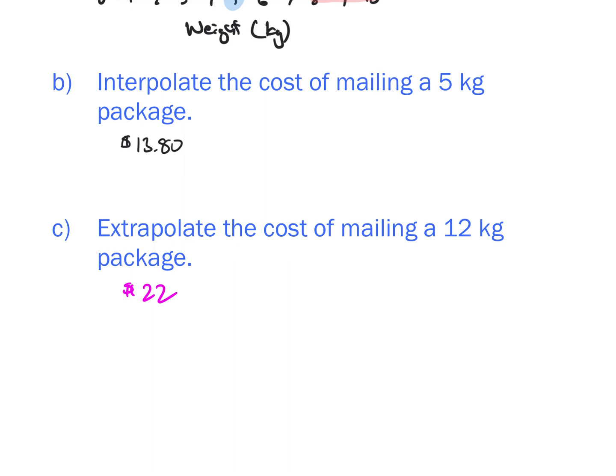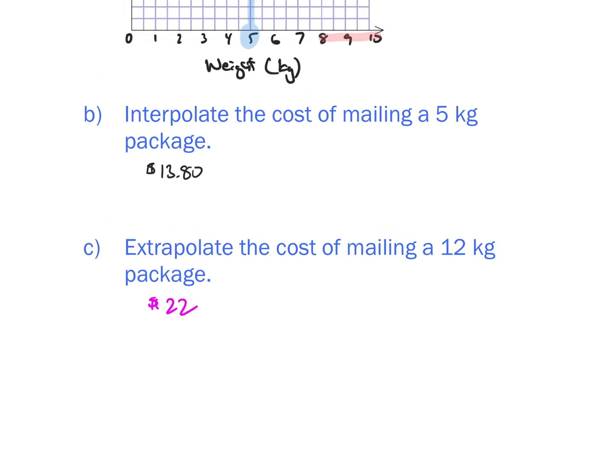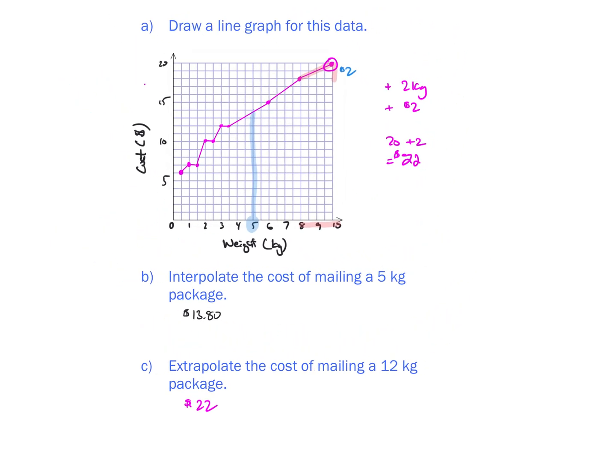We saw that the last bit of the graph increased at a rate of $1 for every additional kilogram. So if we go up 2 kilograms, the price is going to go up $2. That seems to be a reasonable way of calculating the cost of mailing a 12 kilogram package. But it's not as simple as interpolation.